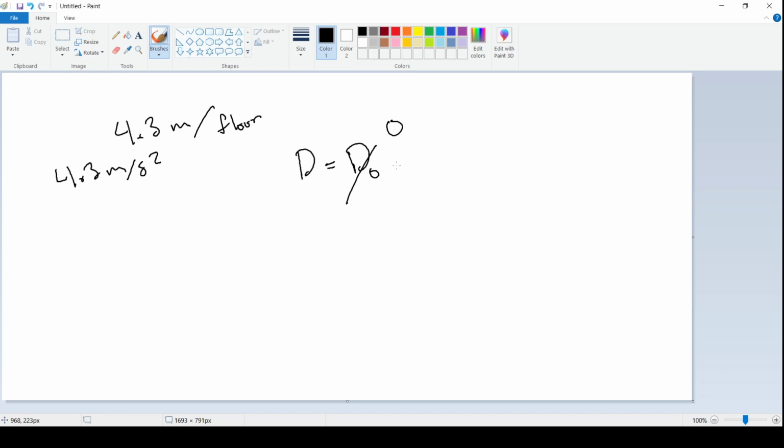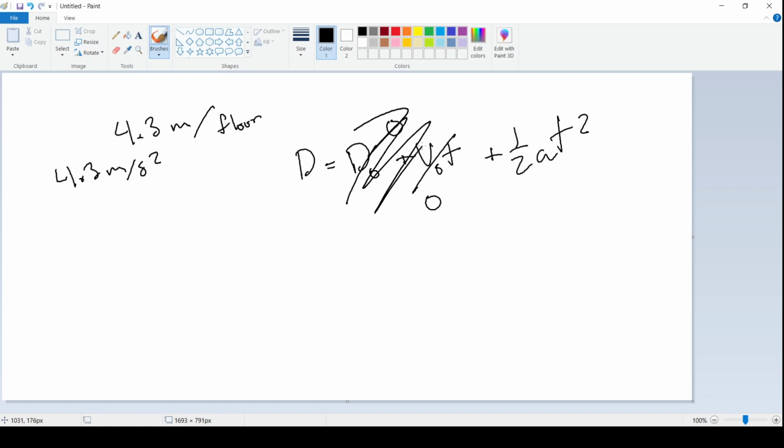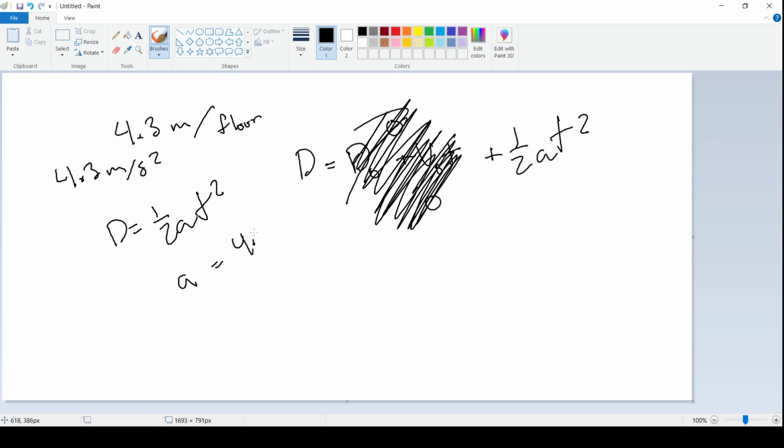Now what we're going to do, right, is plus v0t, which is obviously going to be 0, right? Then plus half at squared, right? We don't need any of this at this point, okay? We don't need any of this, so d equals 1/2 at squared. Okay, now we know our acceleration. It equals 4.3 meters per second squared.